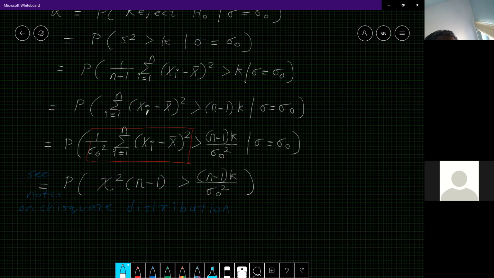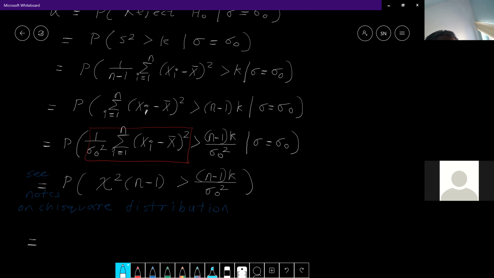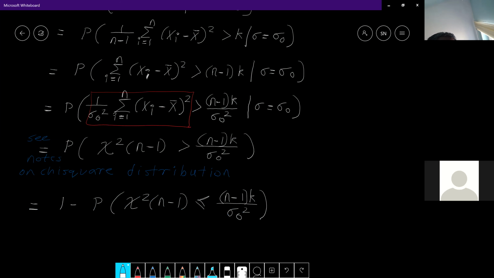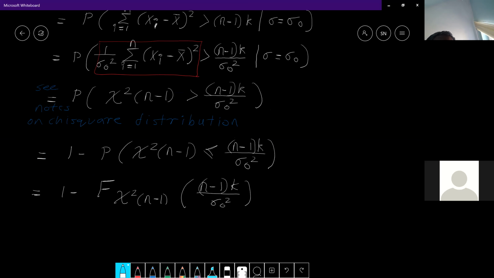So you can write this as 1 minus the probability that the chi-square with n minus 1 degrees of freedom is less than or equal to n minus 1 times k divided by sigma 0 squared. So this is 1 minus the CDF of chi-square n minus 1 at n minus 1 times k divided by sigma 0 squared.